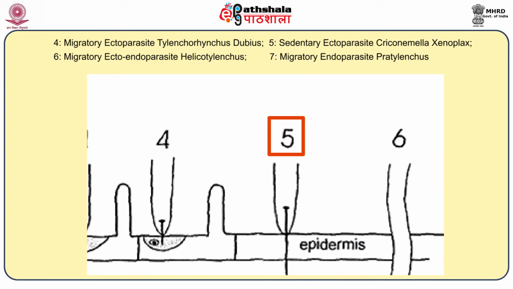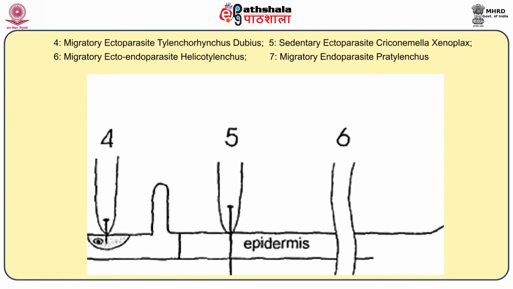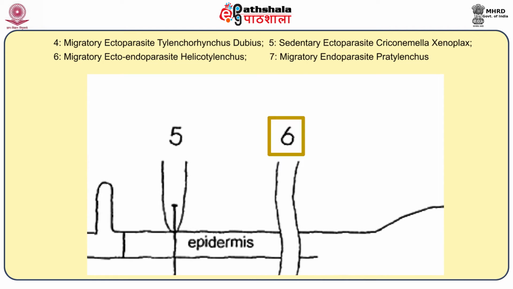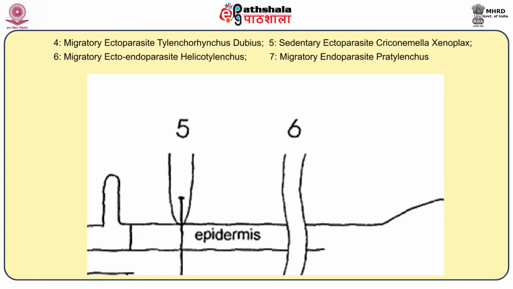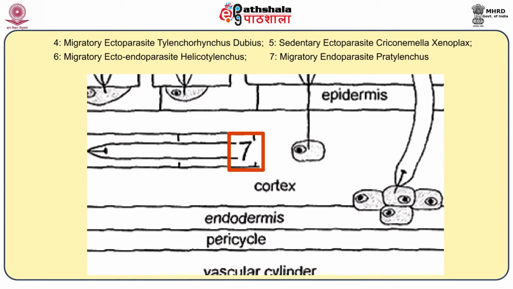Fifth one represents the sedentary ectoparasite Criconemella xenoplax. Sixth one represents the feeding site of the migratory ectoendoparasite Helicotylenchus species, and the seventh one represents the feeding site of the migratory endoparasite Pratylenchus species.